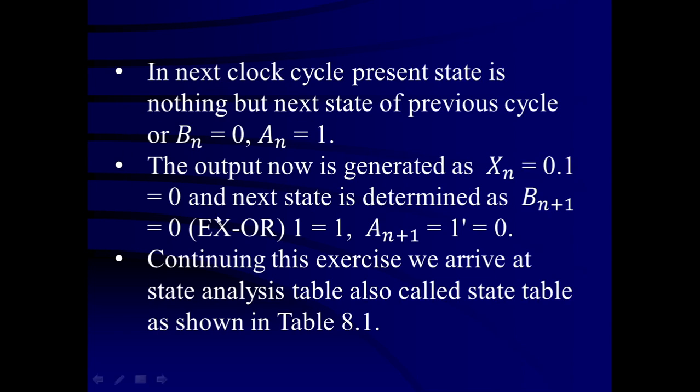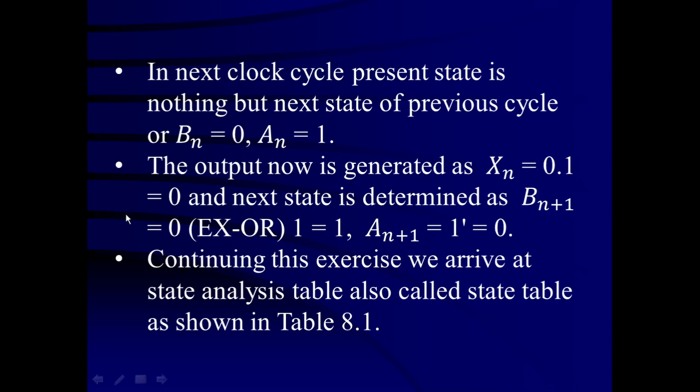Now the output is generated after the second clock pulse. What will be the output? An is equal to 1 and Bn is equal to 0. So 0 AND 1 is equal to 0. The output of the AND gate is going to be low when any one of the inputs is low.